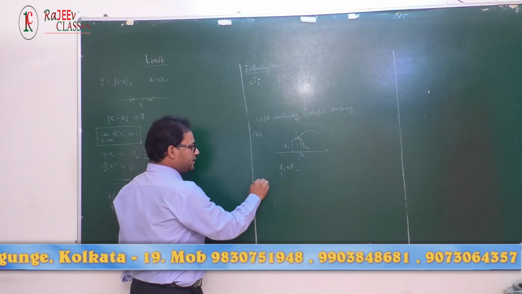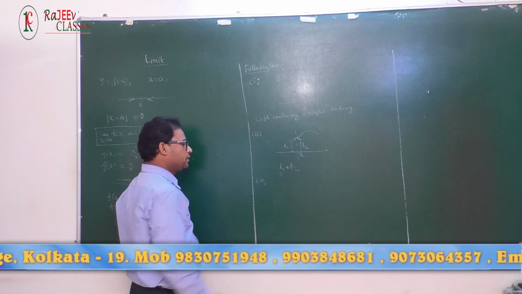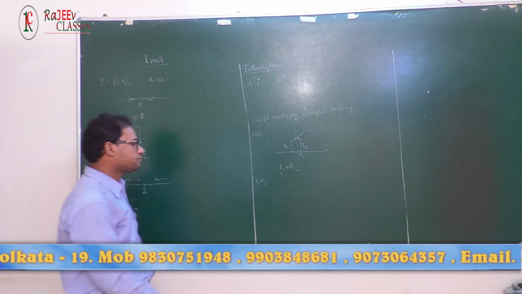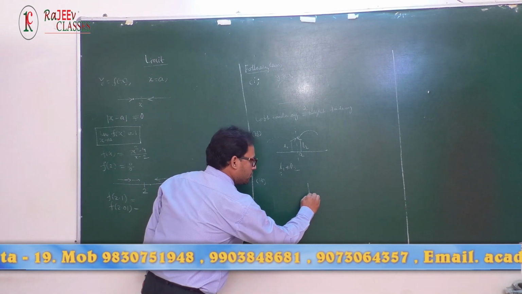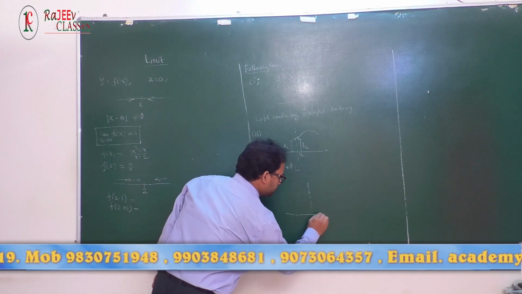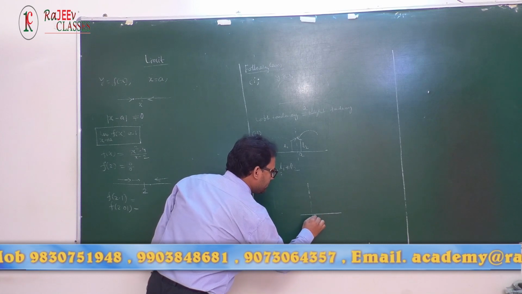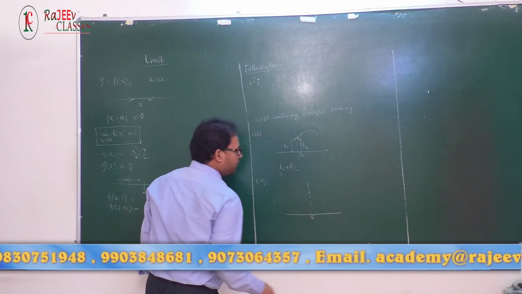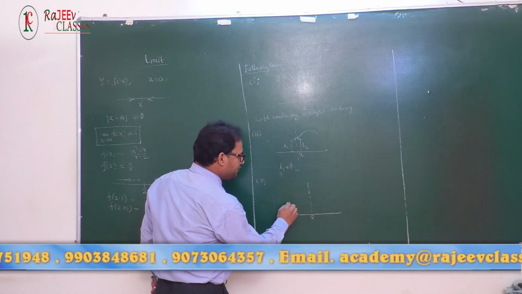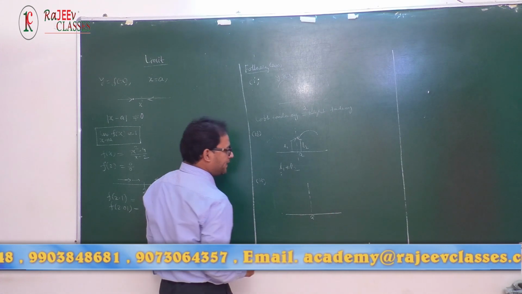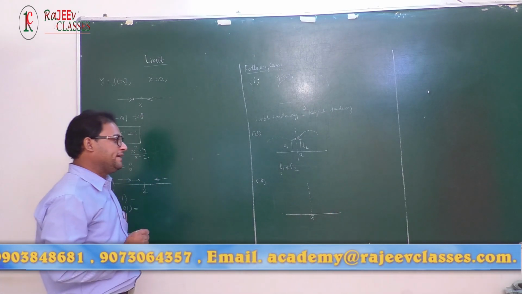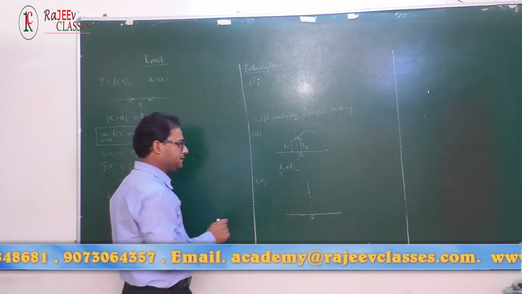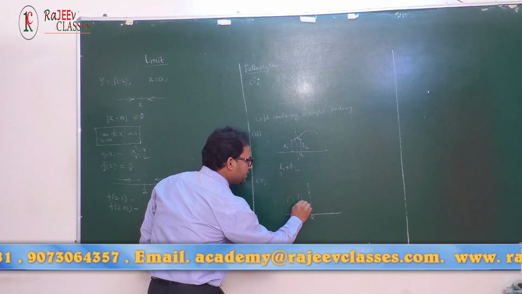The third case may arise: at the point a, when we move towards a from the left hand side or from the right hand side, we cannot talk about any tendency. In that situation, we find that the function has erratic nature.